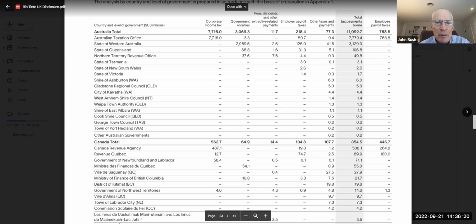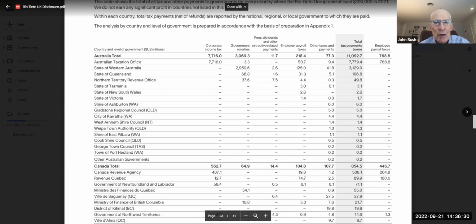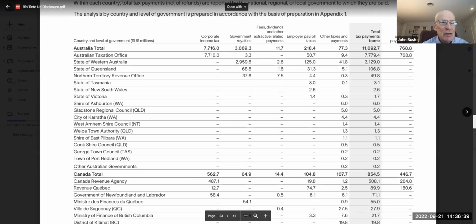So they're showing you that. They're showing, I'm not quite sure what fees and dividends, and those are probably withholding taxes, but then they tell you the payroll taxes they're paying, so on and so forth. So they're trying to tell you we pay not only corporate taxes, but we pay a variety of other taxes.